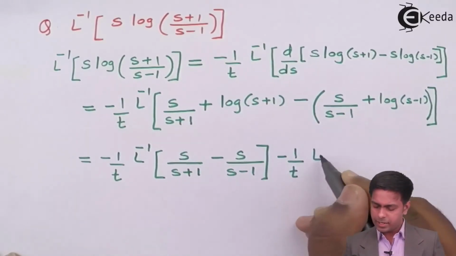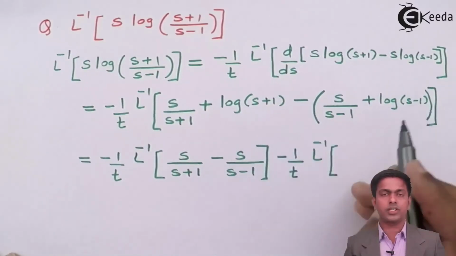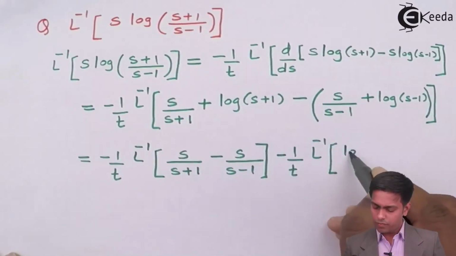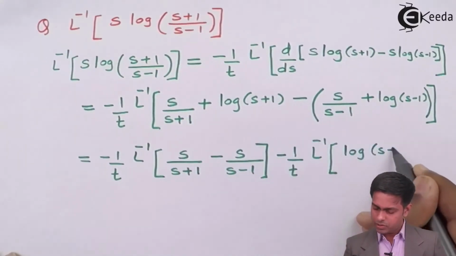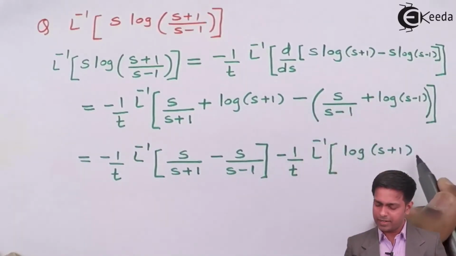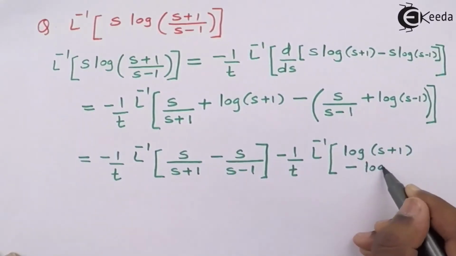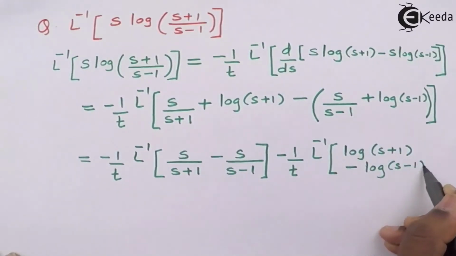And now in the second bracket I'll say Laplace inverse of the remaining two functions, that is, log of s plus 1, minus and plus will become minus, here I'll write down the sign, and log of s minus 1.